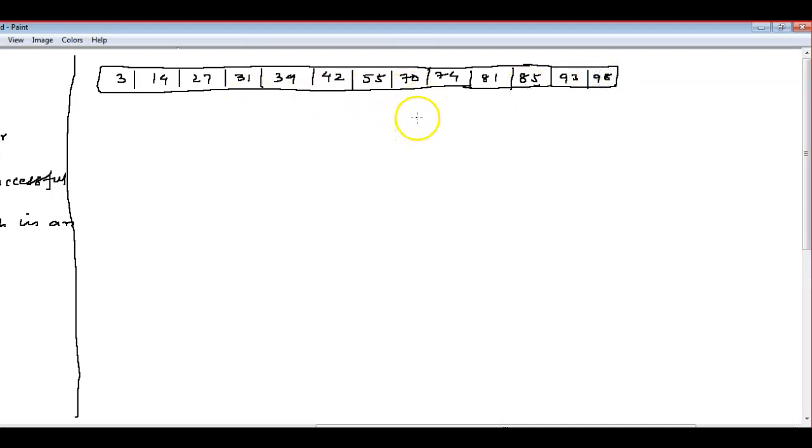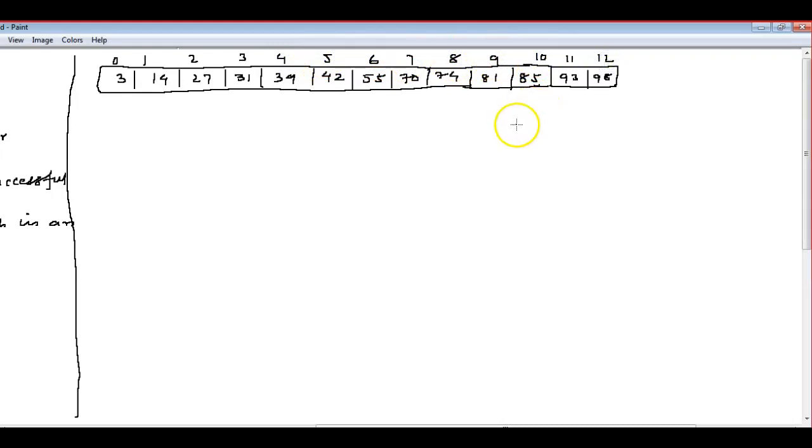These are the 13 elements given. Okay, so write the numbering also. This is 0, 1, 2, 3, 4, 5, 6, 7, 8, 9, 10, 11 and 12.